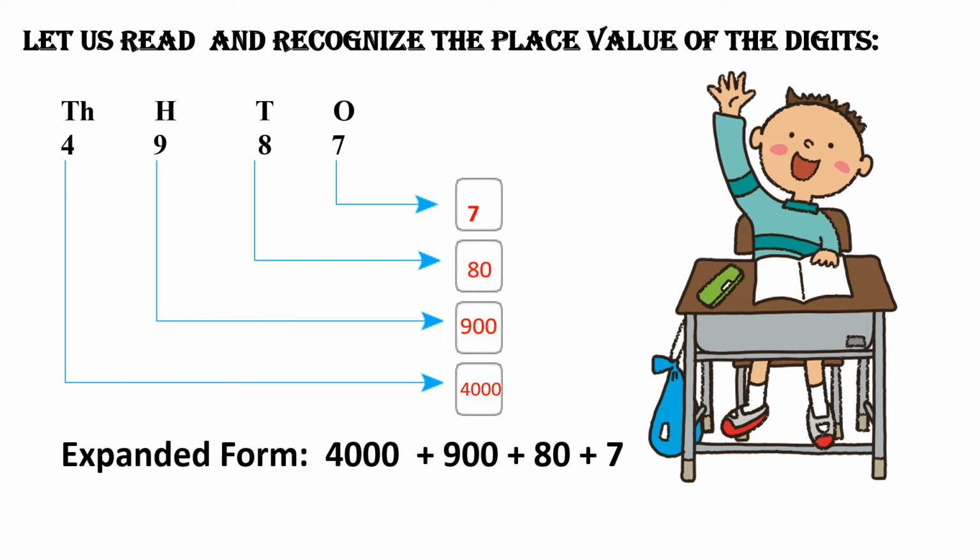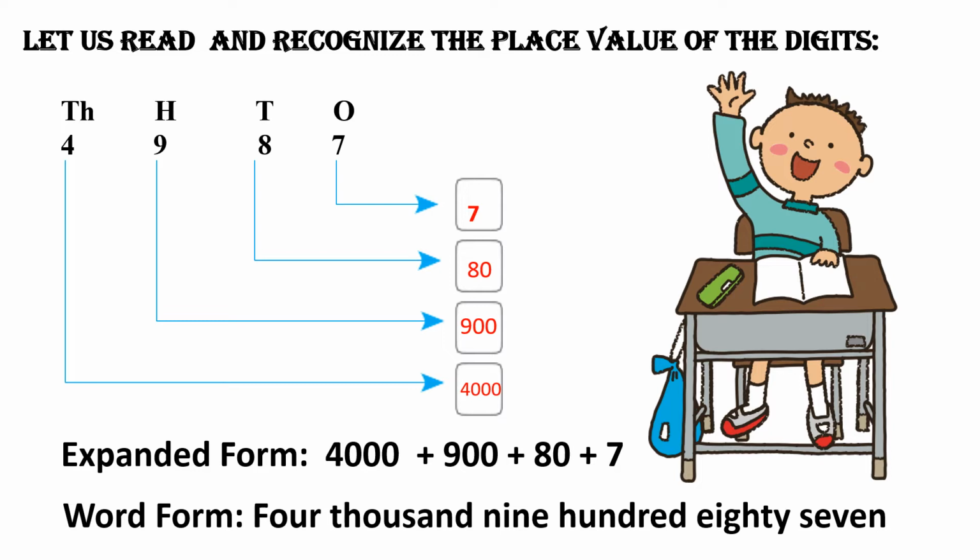So this helps me write the expanded form, which is 4000 plus 900 plus 80 plus 7. And the word form for the same is 4987. So now did you understand? Writing place value always helps.